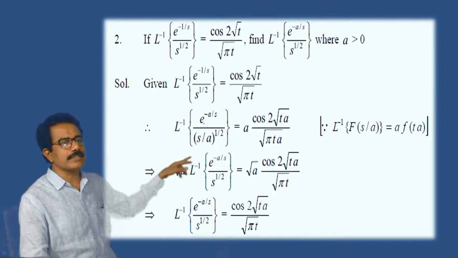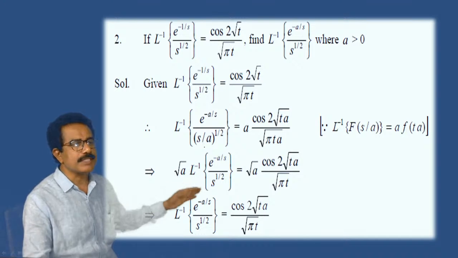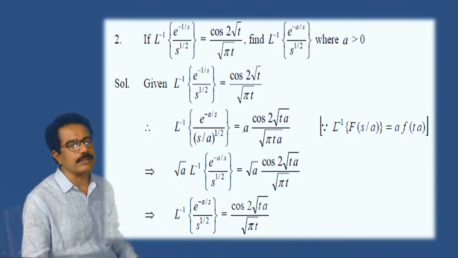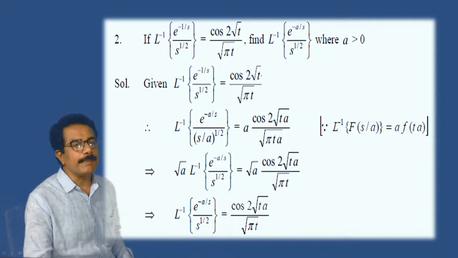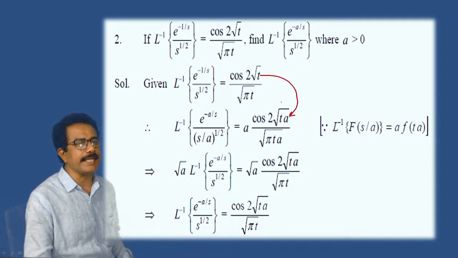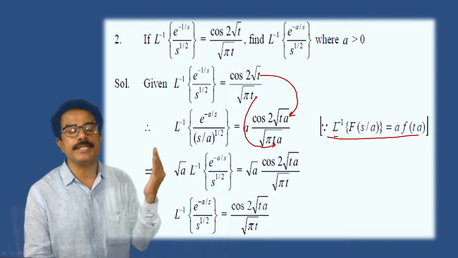So L inverse of e raised to minus a by s divided by s raised to 1 by 2 is equals to a into cos root 2. In place of t we can put at, and in the denominator again we can put at, by using this formula. Yesterday we have seen that formula.